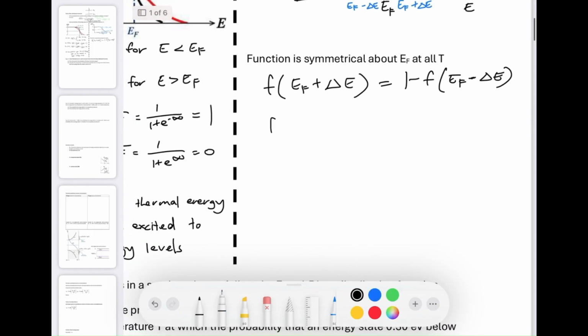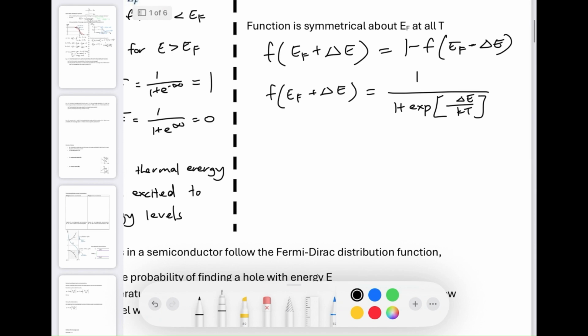So we have F of EF plus delta E is equal to 1 over 1 plus exponential of delta E over KT, and 1 minus F of EF minus delta E is equal to 1 minus 1 over 1 plus exponential of negative delta E over KT, which is exponential of negative delta E over KT over 1 plus exponential of negative delta E over KT.